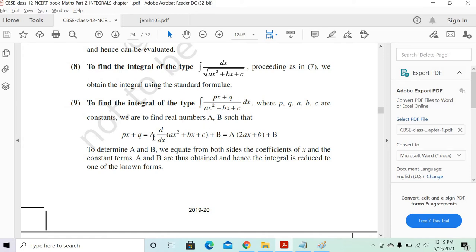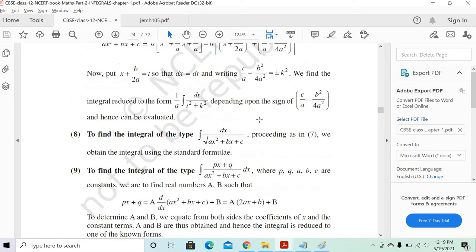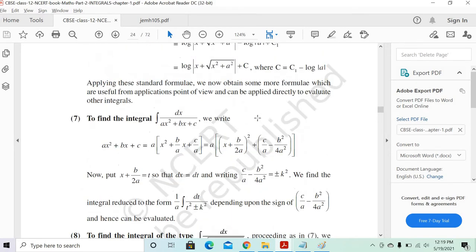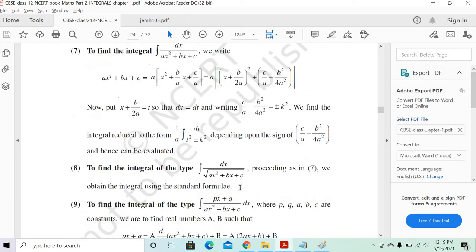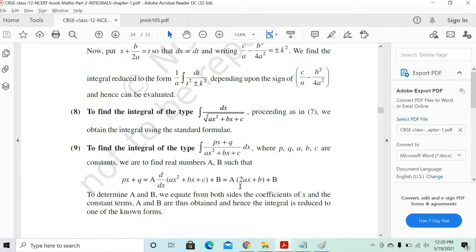The first part, what you will get is the log of the denominator. When you do the integration, you will get the log of that term. Second part, where the constant term b is there, b by ax square plus bx plus c, will come in the form of property number 7, where we need to do completing the square.